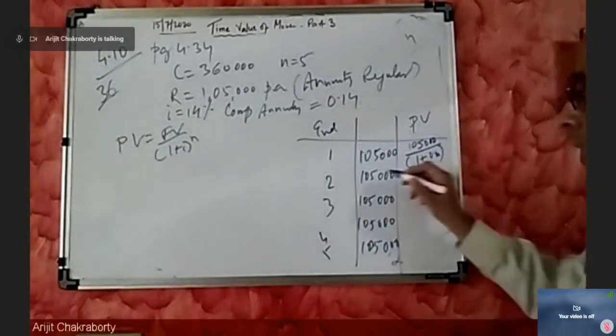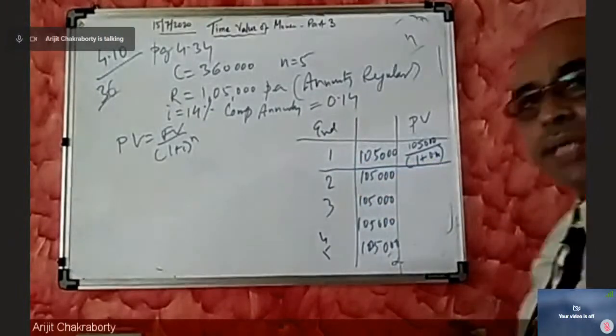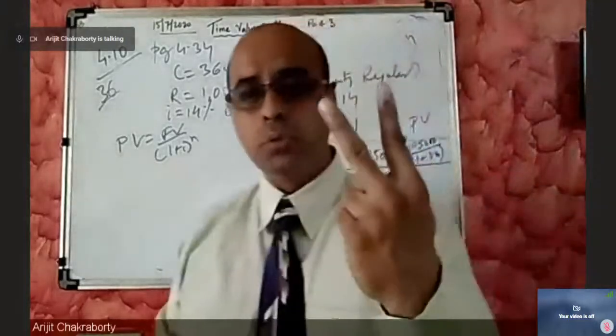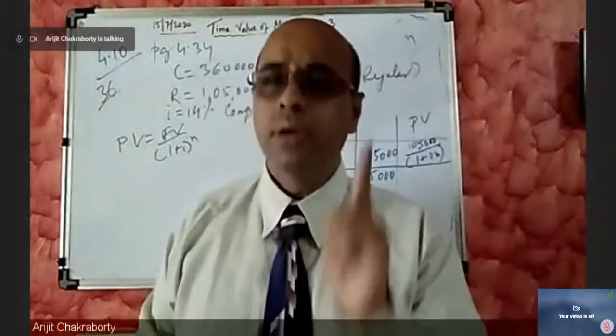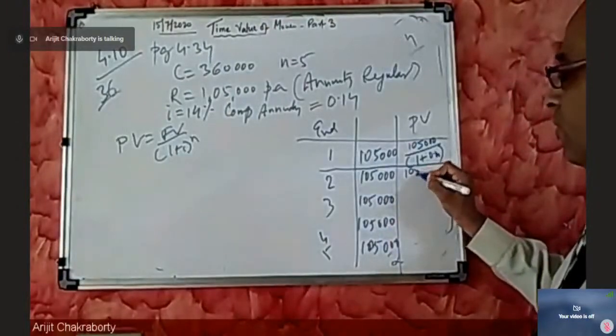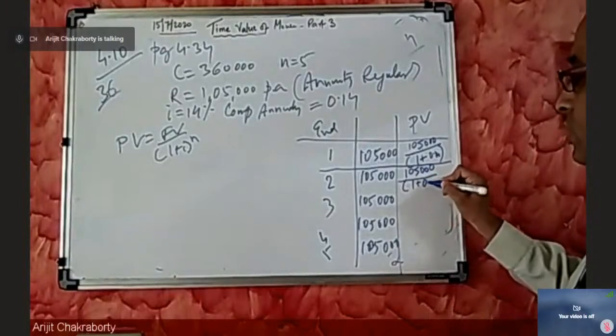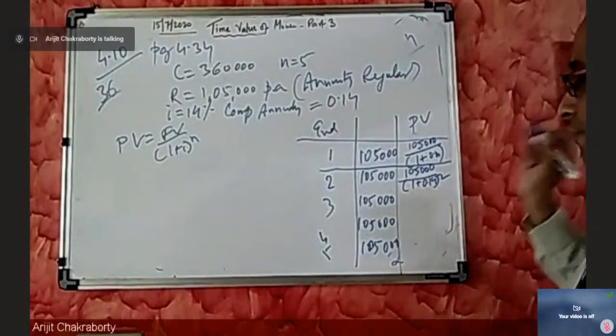First year is over. For second year, n will be 2, I remains the same, 0.14. So the present value becomes 105,000 divided by 1 plus 0.14 squared.